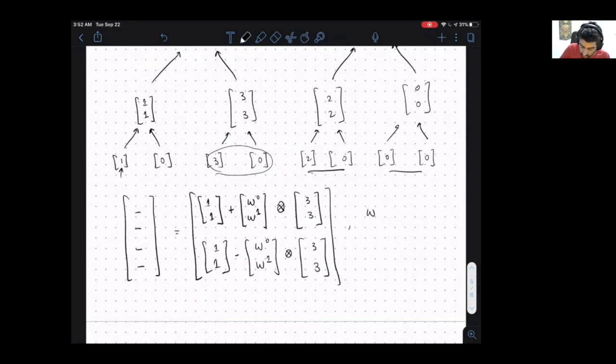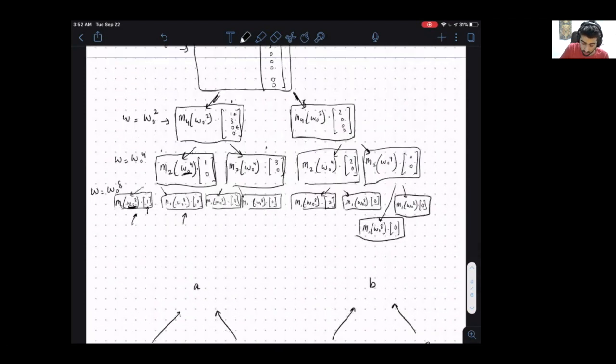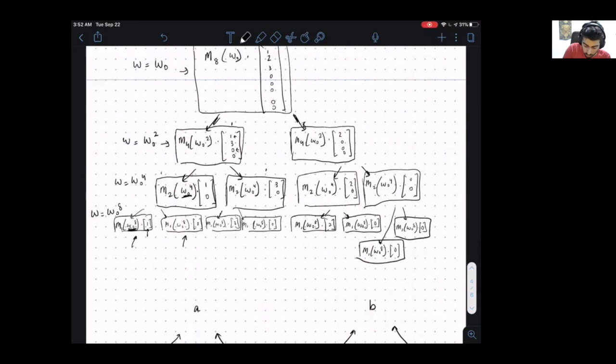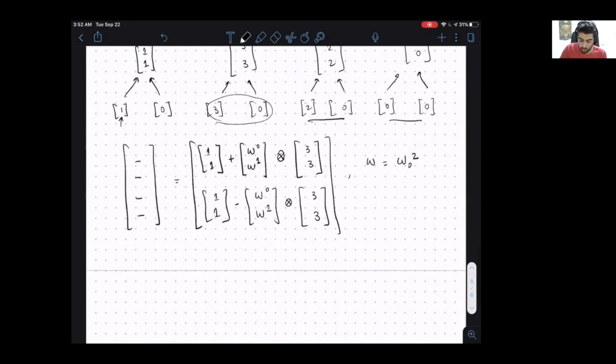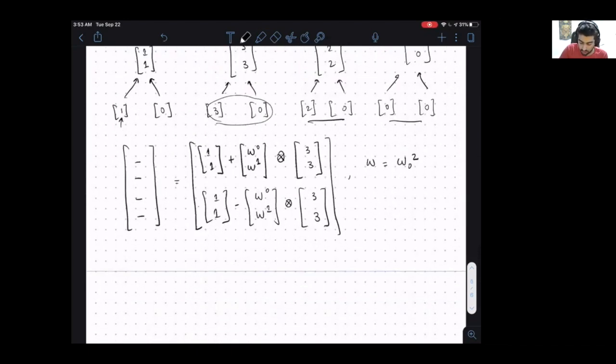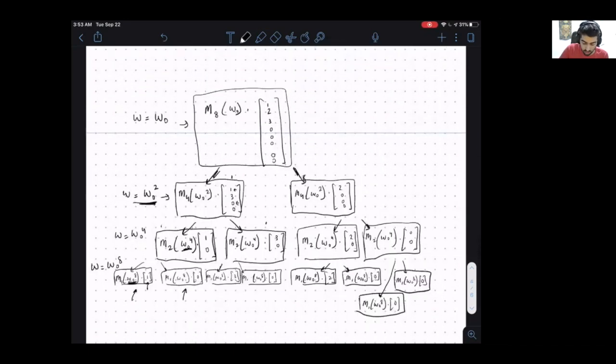And again, in this case, omega is equal to omega naught squared, because we're at this level of the hierarchy here. So the omega that we're using for the omega constants is going to be omega naught squared, because the matrix that we're computing is in terms of omega naught squared.